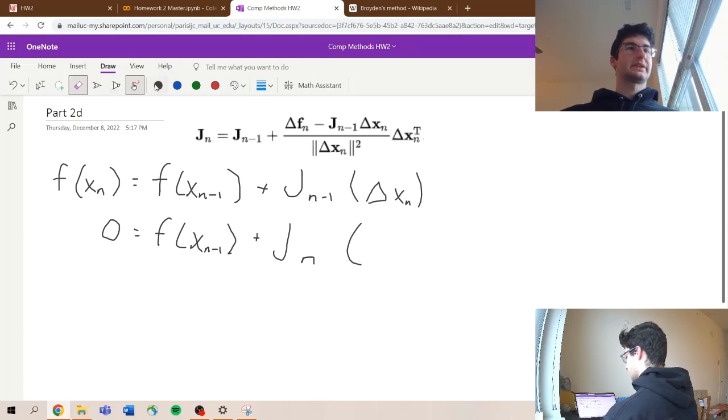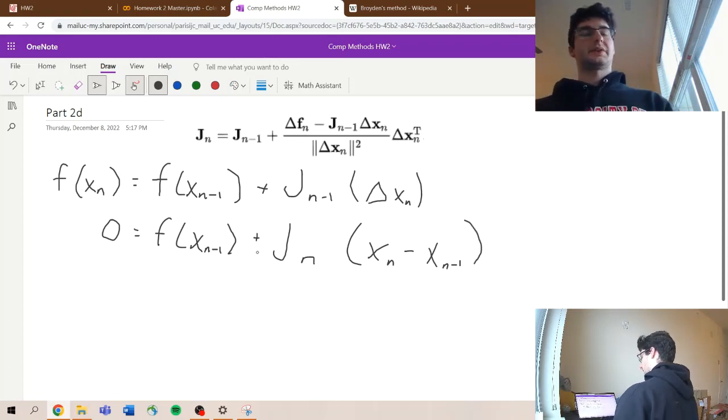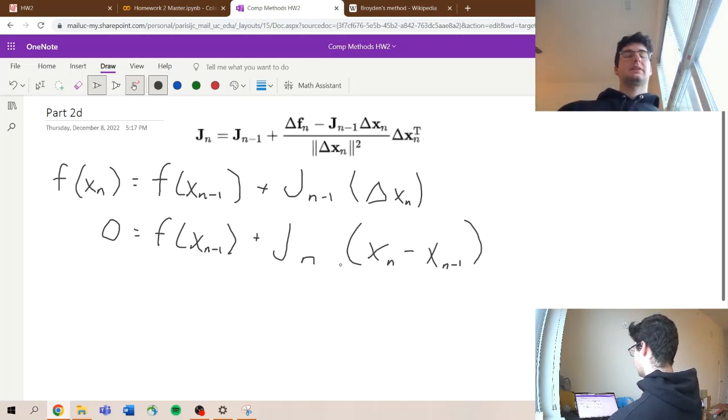Let's not use the delta sign here. Let's use x_n minus x_(n-1). So we have these two equations that, in a perfect world, would equal 0, and we'd all be happy. And when that is true, then we're done.